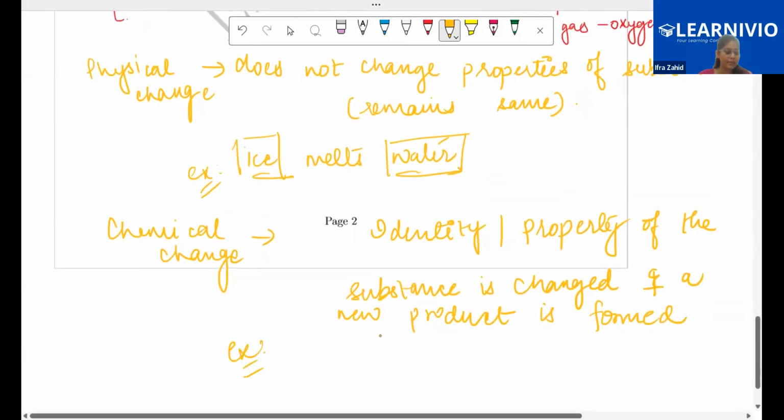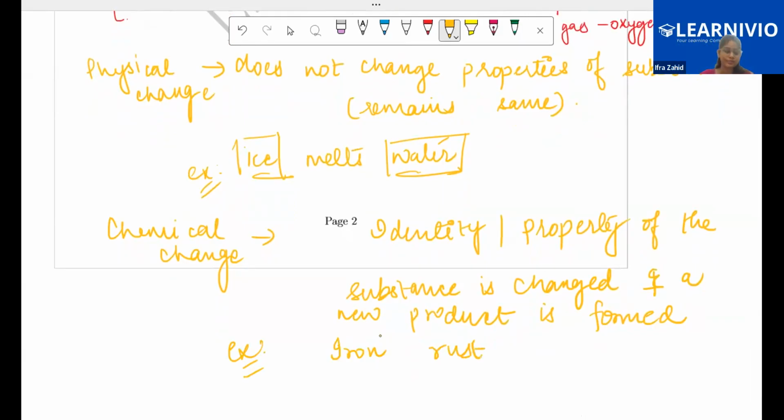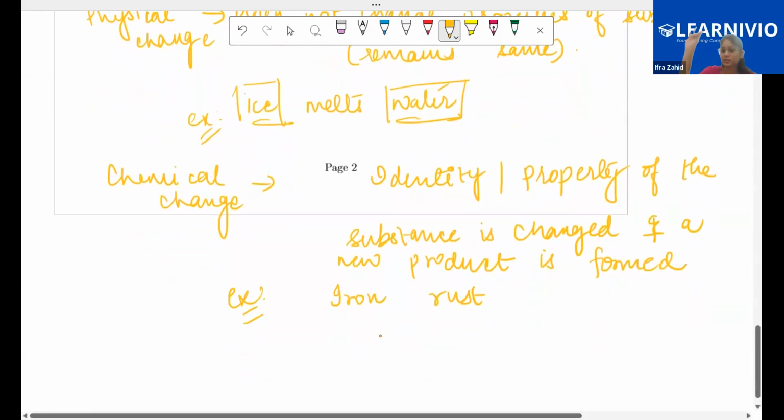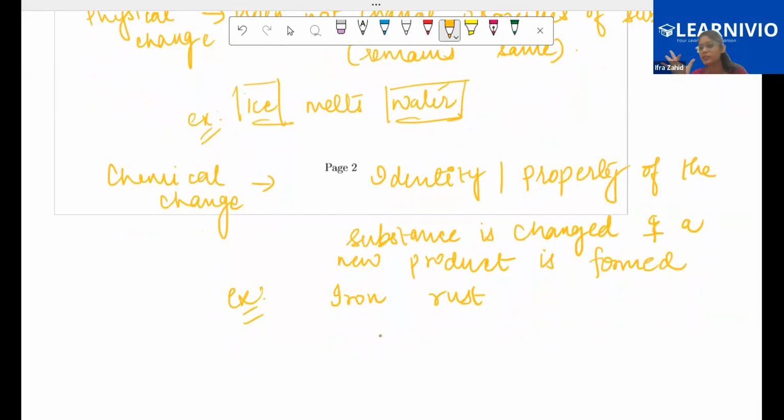So the example can be when, have you heard of iron rust? Yes, ma'am. So when iron catches rust, then a layer is formed outside that iron substance. That blackish brownish layer is formed, right? Yes, ma'am.